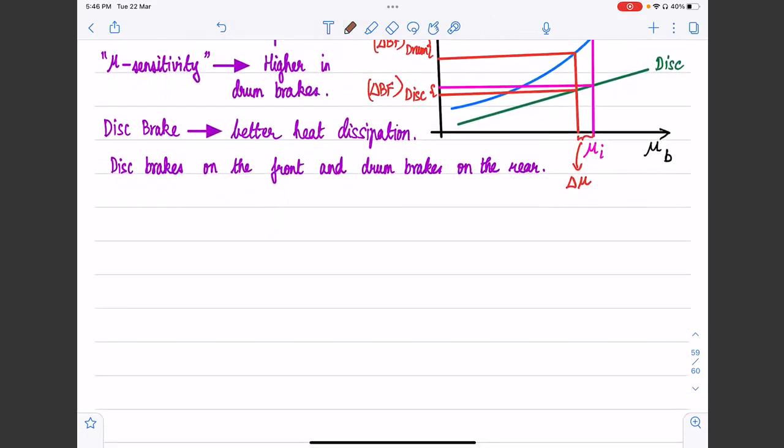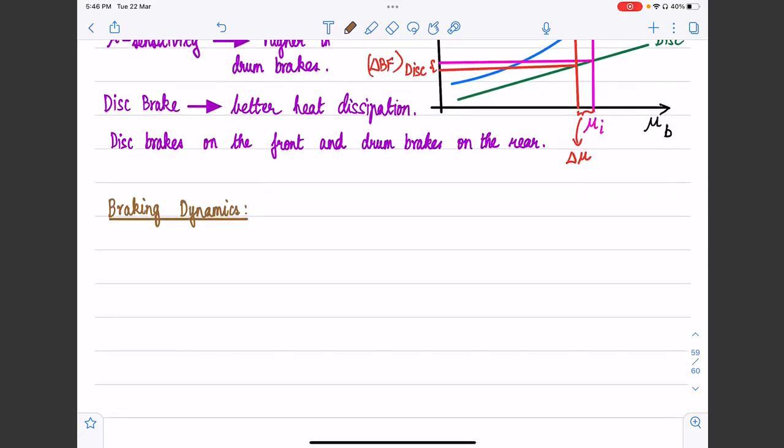Okay, so in tomorrow's class, we will be looking at braking dynamics in great detail, but let me just start with a brief explanation of what we are going to do as far as braking dynamics is concerned. When we study braking dynamics, we are going to study the response of the vehicle to the forces applied through the brake system and the other forces that act on the wheels, and how these forces are related to the acceleration and the motion of the vehicle.